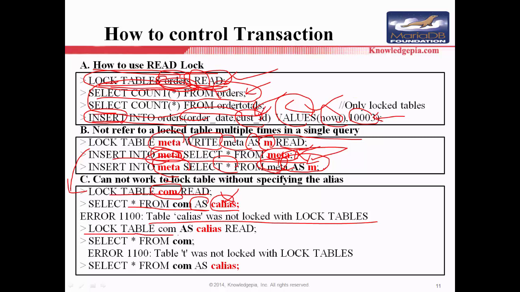Also, lock table com as C. Now I'm using the C alias name. Then select asterisk from com. Also, this one will show this kind of error message. This one, table was not locked with lock table. So in this case, we have to use it like this. Select from com as the alias C. Then you will be successful to use this command.